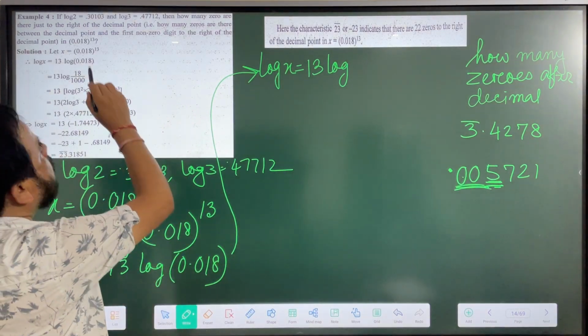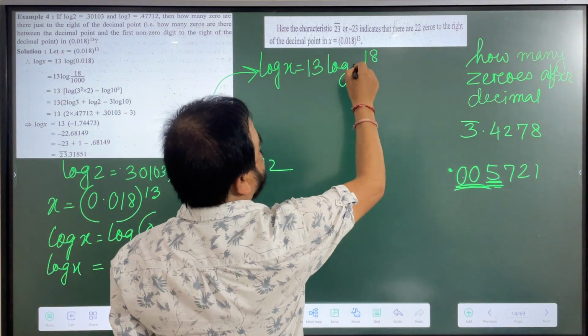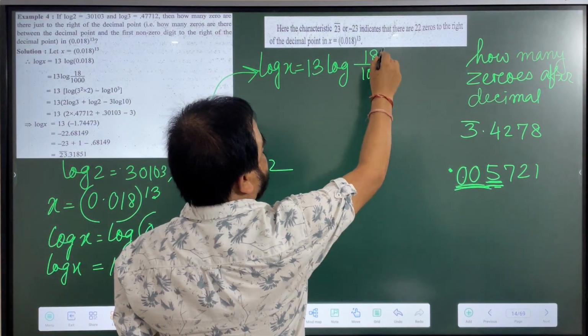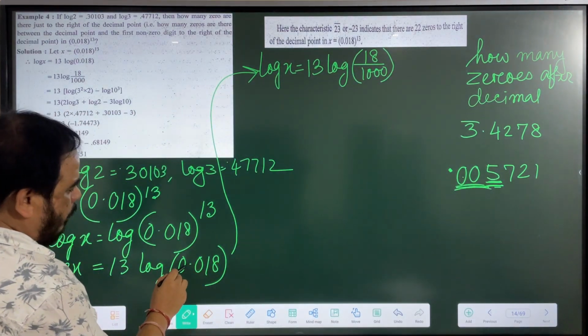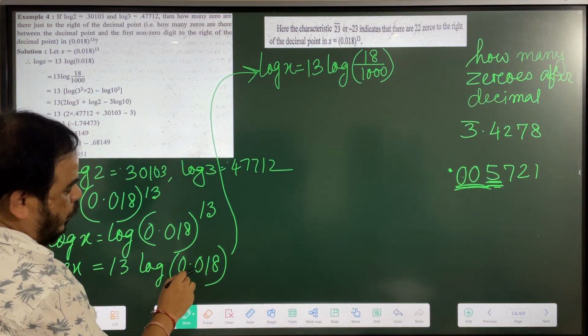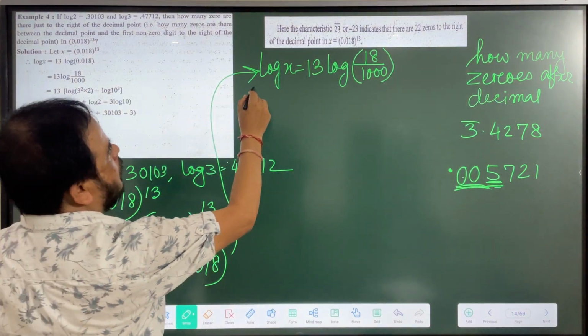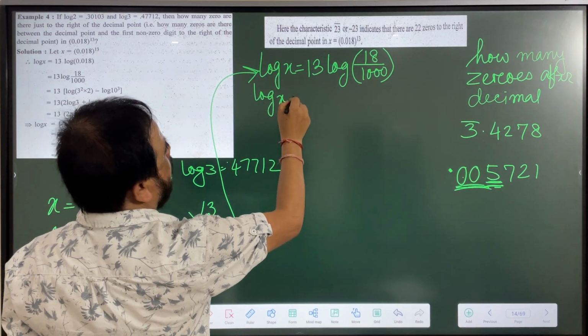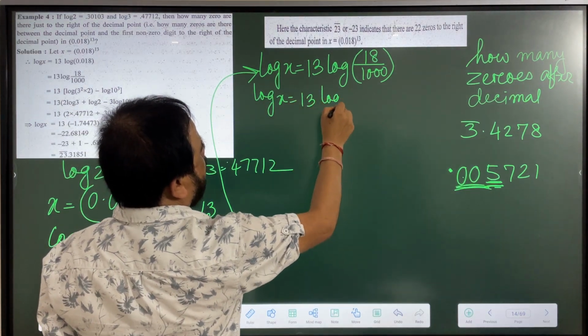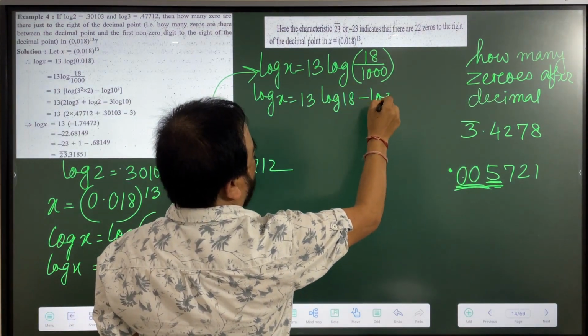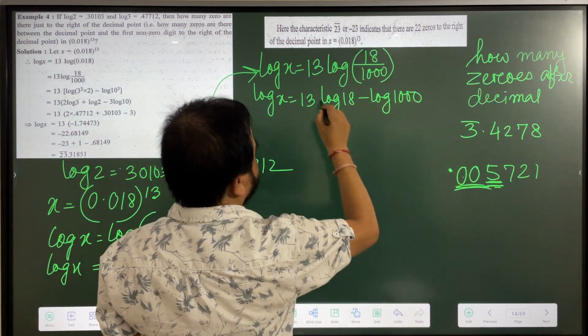We can write 0.018 as 18 by 1000. After the decimal point 3 digits are there, so 1000. So log x is equal to 13 times log 18 minus log 1000.